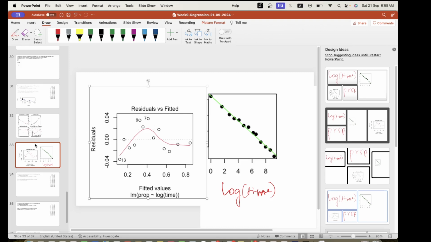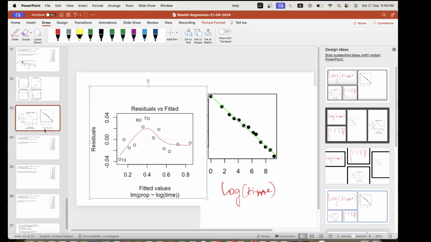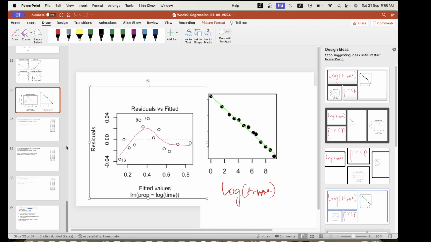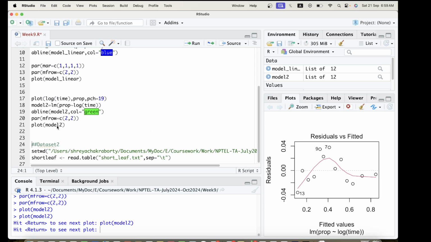Okay, now if we want to see what happens when we transform both the phenotypes, what do we have to do then?